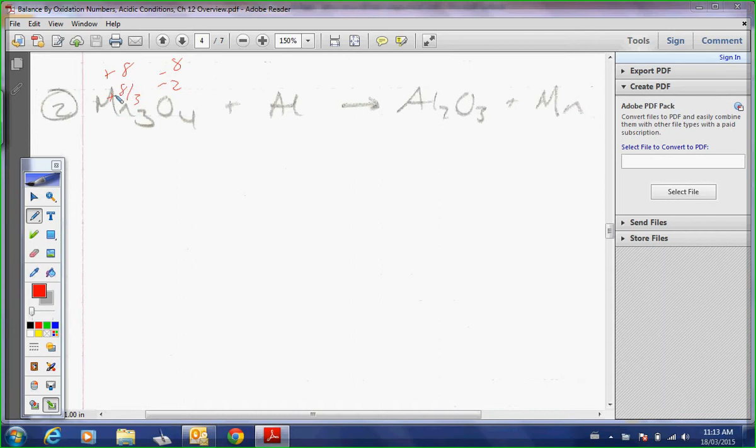Oh, that's nice. 8 over 3, lovely. Then 0, positive 3, and negative 2, and 0. Positive 6 and negative 6?